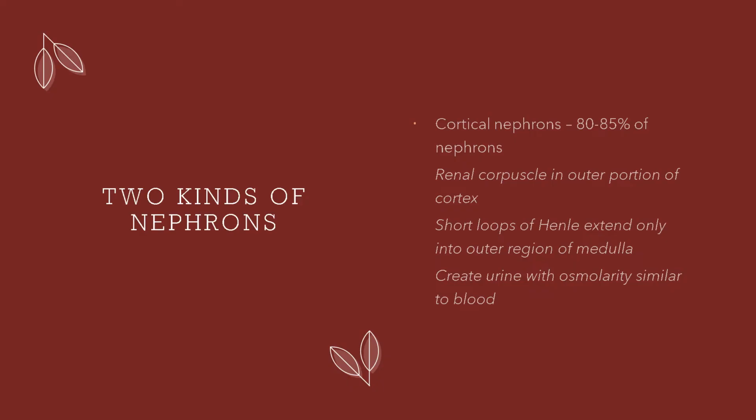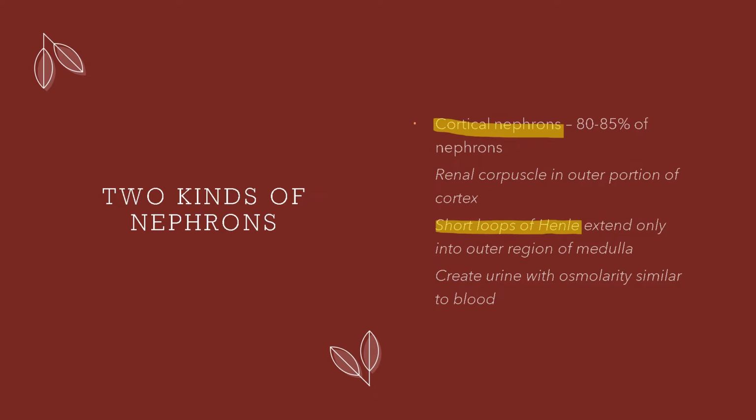Okay, moving on to the two types of nephrons that we have within our kidneys. About 80 to 85% of the nephrons are cortical nephrons. Their renal corpuscles lie in the outer portion of the renal cortex, and they have really short nephron loops, really short loops of Henle.